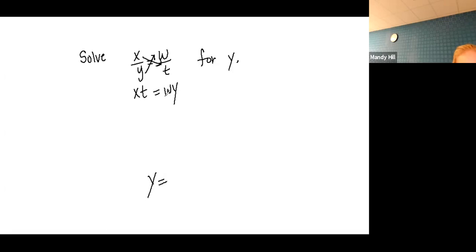So to get rid of a times, we divide by w on both sides of the equal sign, so that the w's cancel out and we get y is equal to xt over w. And so that's the answer. We wanted y equals, we've got it. The first thing that helped me recognize that I needed to cross multiply is that I had two fractions.